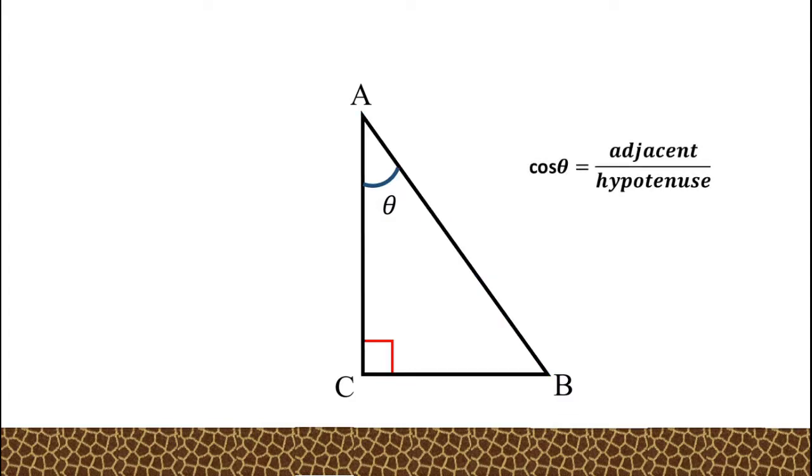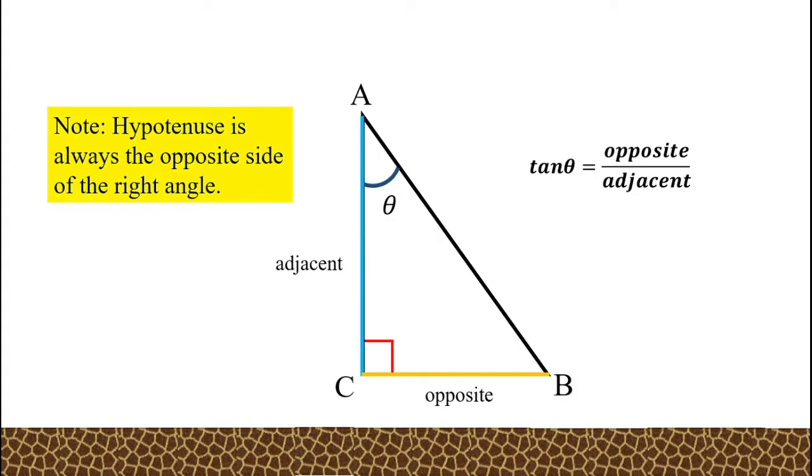For cosine theta, its adjacent is colored orange and the hypotenuse is colored blue. For the opposite of the tangent theta, we have the side colored orange and its adjacent is colored blue. Don't confuse the adjacent with the hypotenuse, for the hypotenuse is always the opposite side of the right angle.